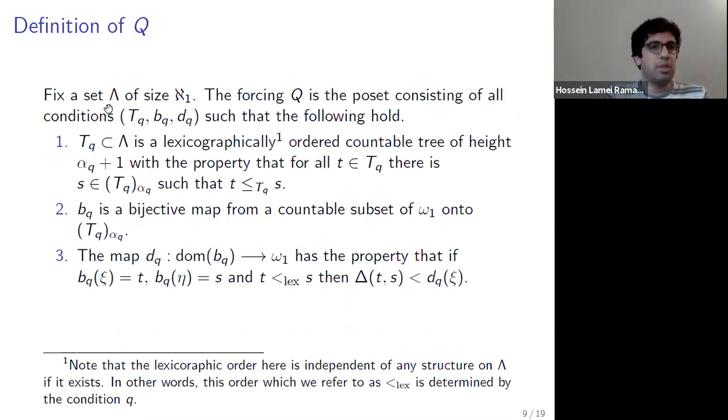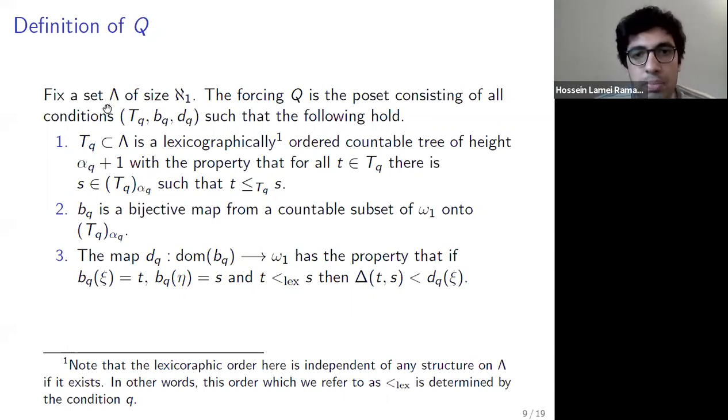There's nothing important about that. And we make the tree lexicographically ordered level by level. So there is no order on lambda. Just to clarify, if there is an order on lambda, that's not going to be transferred to the tree. You're going to make it lexicographically ordered by the conditions, level by level.